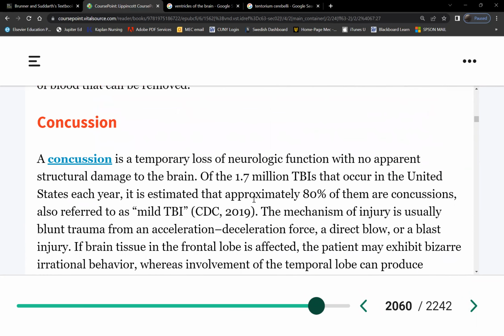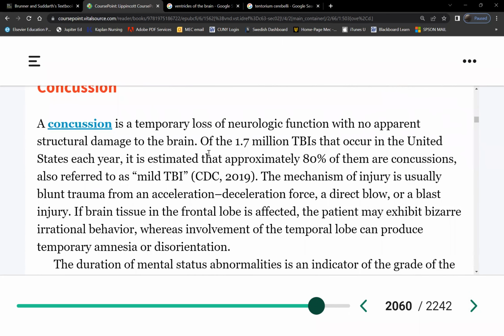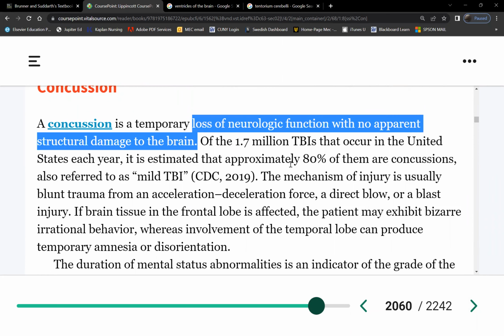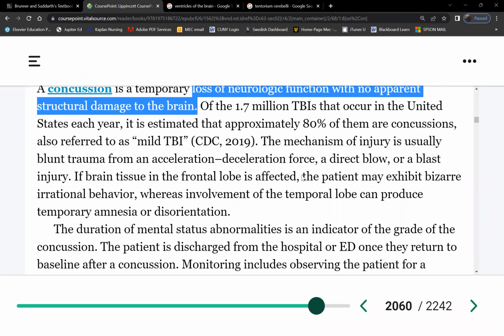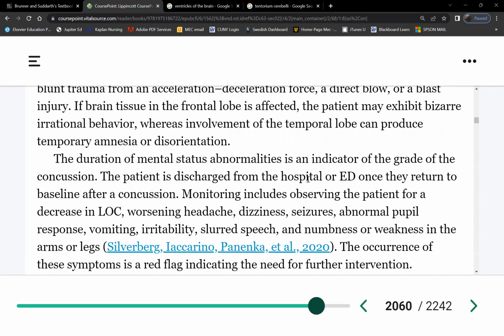A concussion is a type of mild brain injury. There's a temporary loss of neurologic function. The loss of consciousness here can be a few seconds or just a moment, up to, let's say, 30 minutes. That's a concussion, which is mild brain injury.